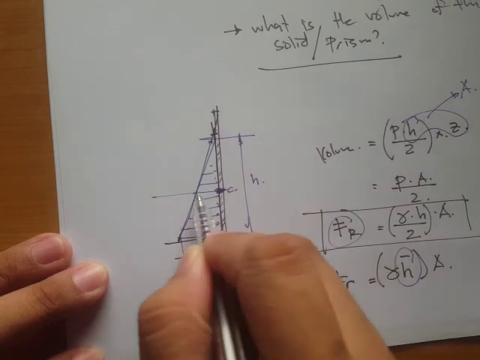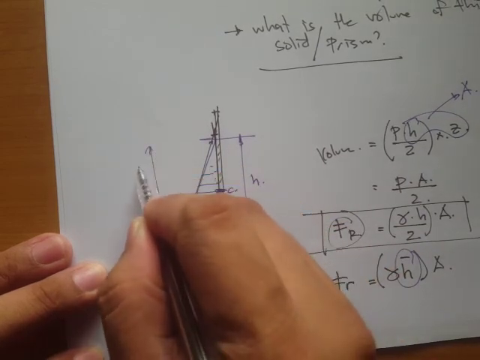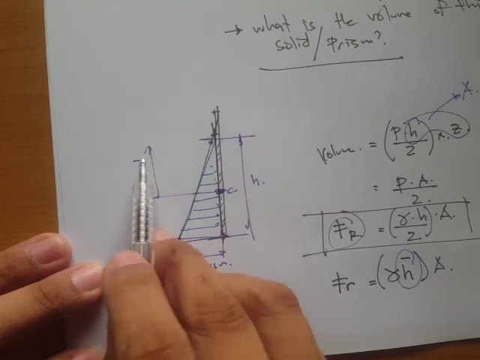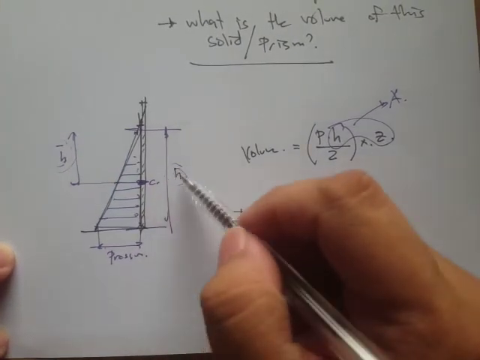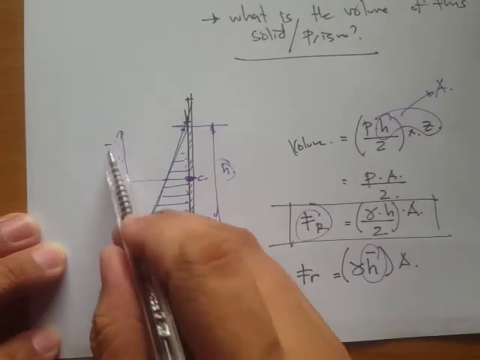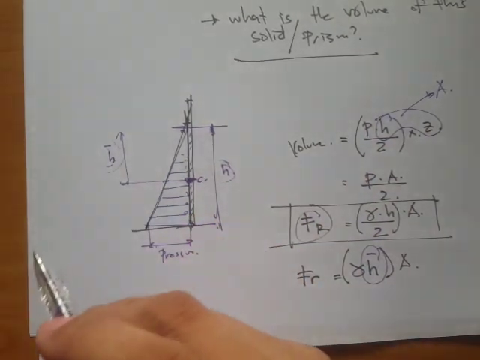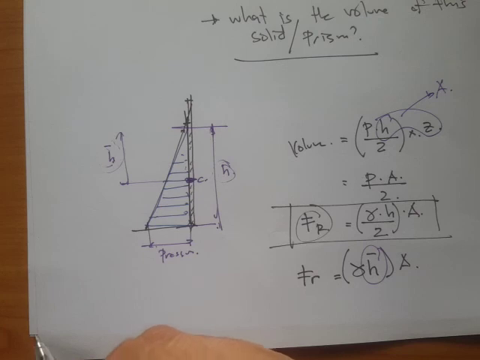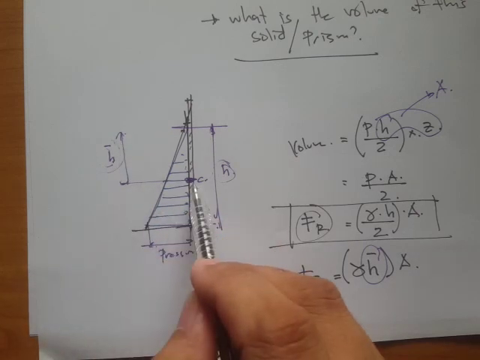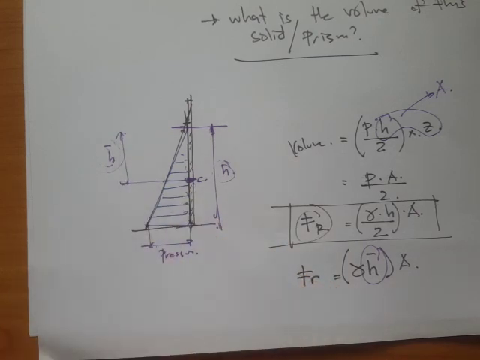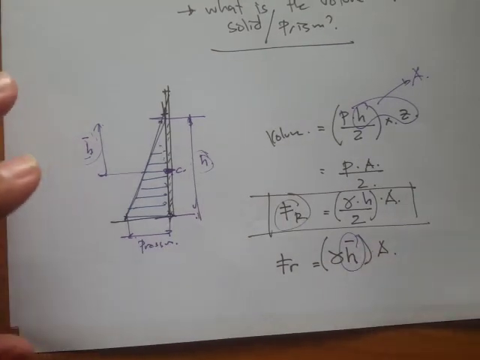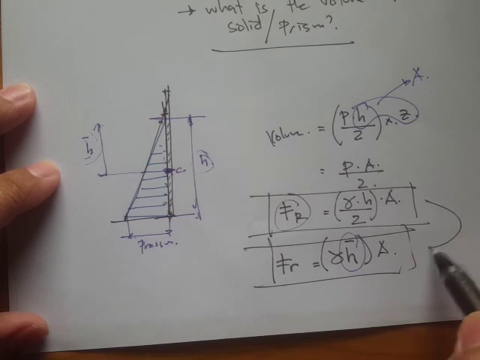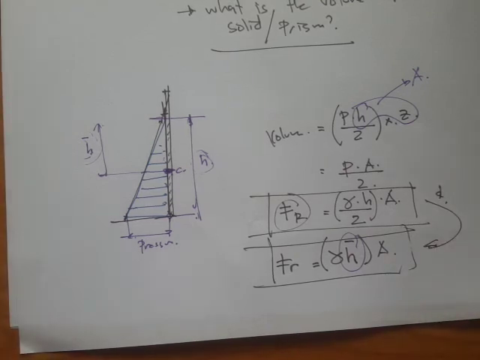If this is our centroid, that refers to this one. Okay, so that's why this is different. This h bar is different from the h. This one refers to the total depth, whereas this h bar refers to the depth from the free surface to the centroid. That's the vertical depth. Okay, which is just simply equal to h over 2. Okay, so they are actually the same.